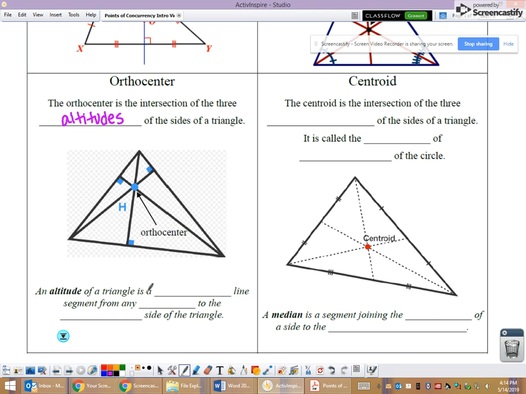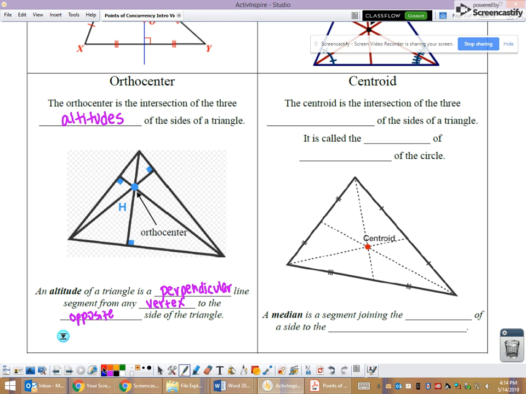So an altitude of a triangle is a perpendicular line segment from any vertex to the opposite side of a triangle. So if I take this vertex and drop a perpendicular line to its opposite side, I get an altitude. 3 altitudes meet at an orthocenter.